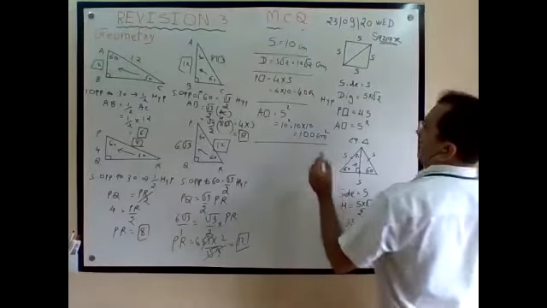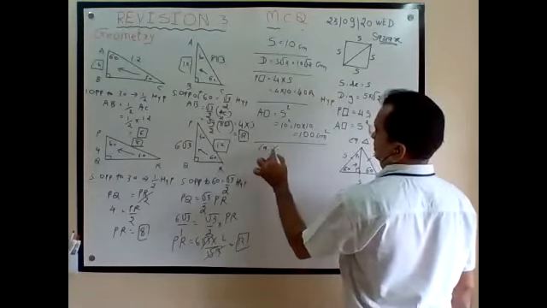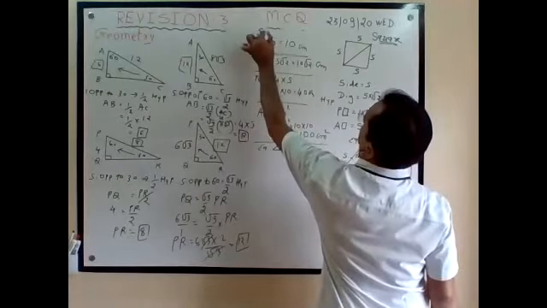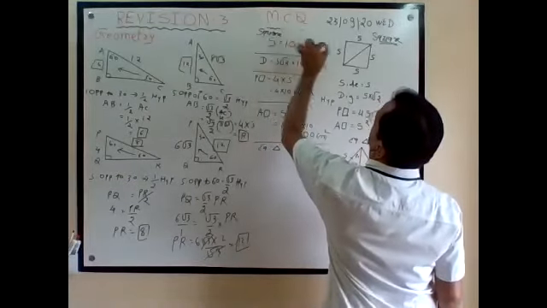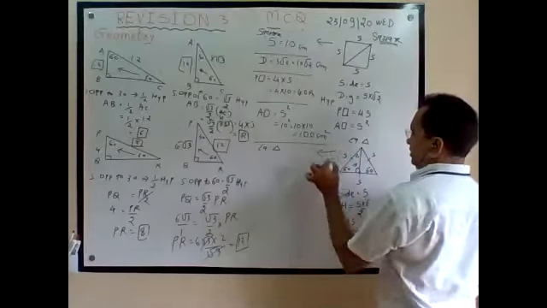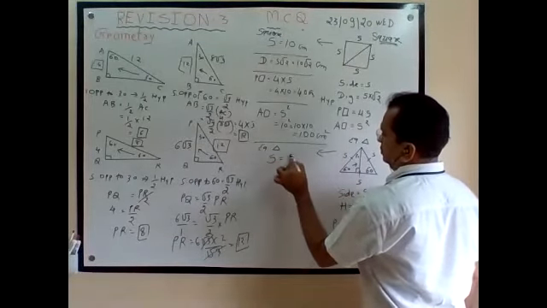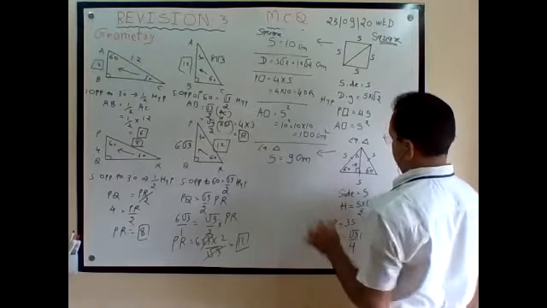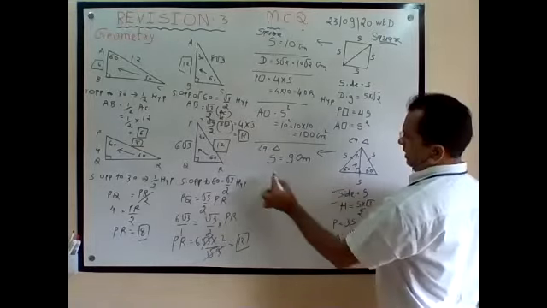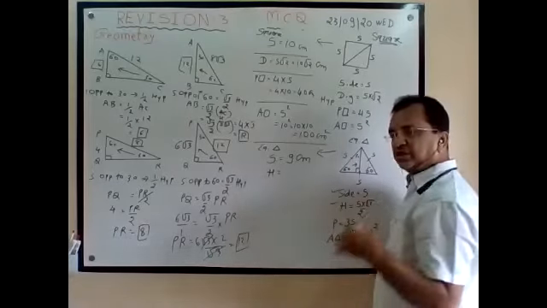Now for equilateral triangle, this is for square. This example: now side is equal to 9 centimeter. Height, that is opposite to 60.